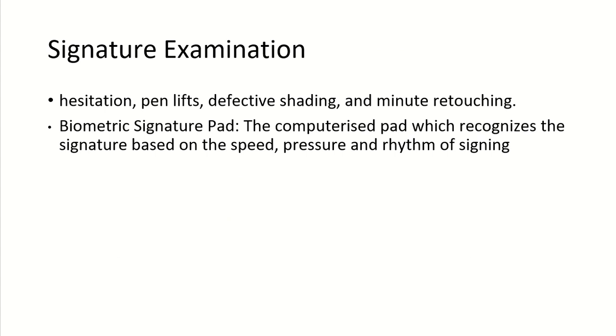Signature examination: hesitation, pen lift, defective shading and minute retouching are there in case of forged signatures. Biometric signature pad is the computerized pad. It recognizes the signature based on the speed, pressure and rhythm of signing.